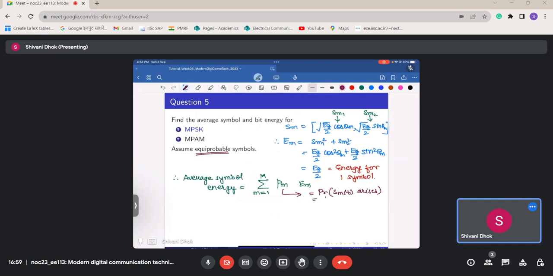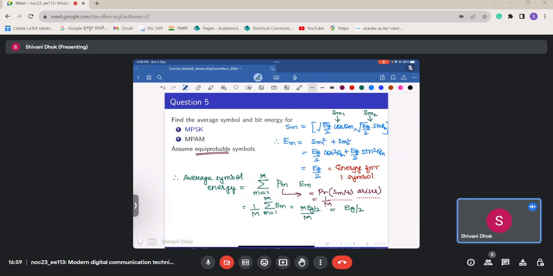For our case, this will be equal to 1 by M. So this formula now reduces to 1 by M summation m equal to 1 to capital M Em, and this Em is equal to Eg by 2, and therefore Eg by 2, if I add it M number of times, it will be M Eg by 2 upon M. This comes out to be Eg by 2.